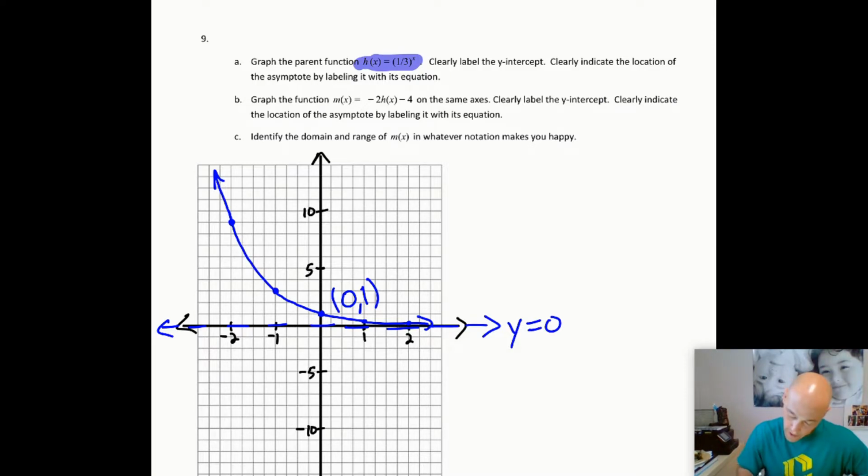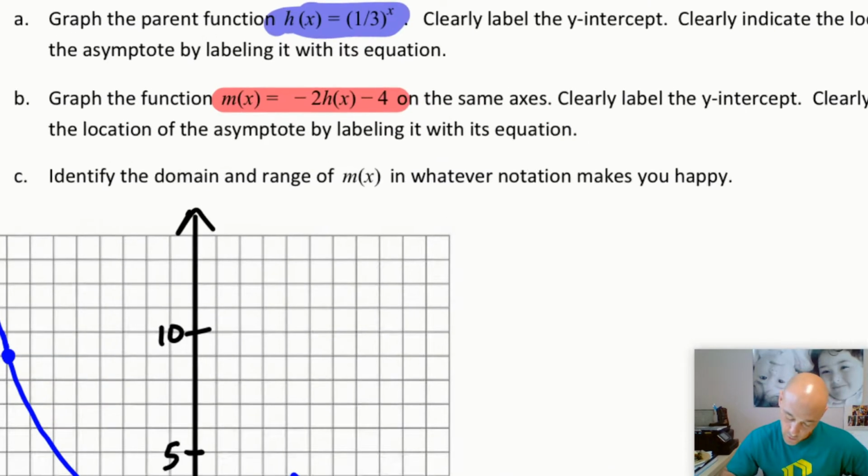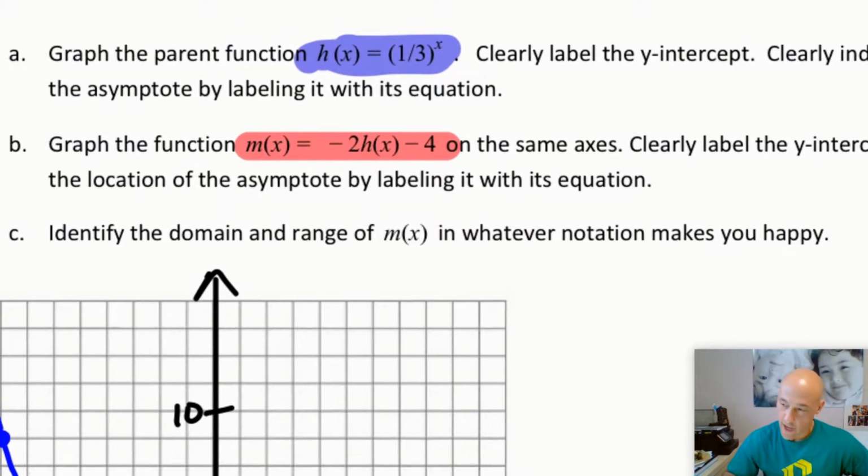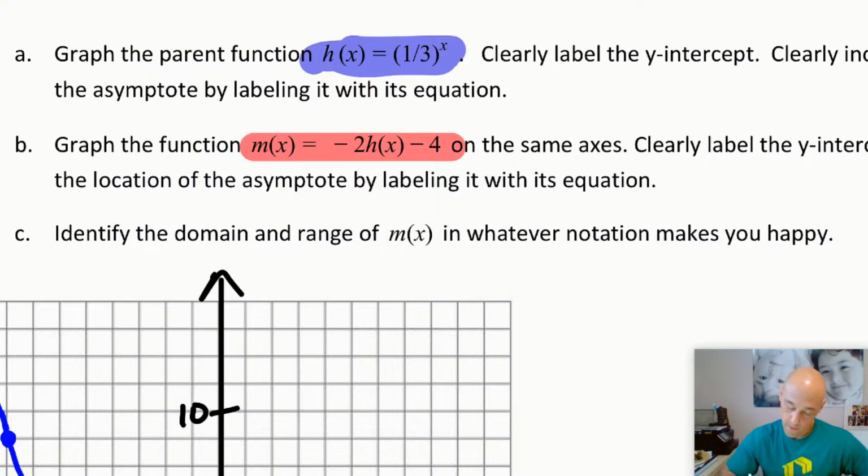So the next one here is m of x, which is -2 times h of x minus 4. So this -2 turns the graph upside down and stretches it by a factor of 2. And this -4 moves my asymptote down 4.